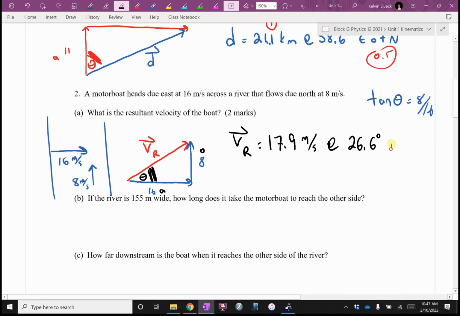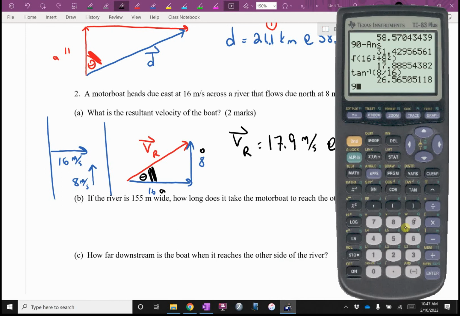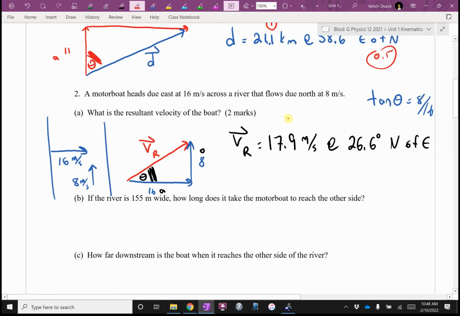This will be north of east. I would also accept 63.4 degrees east of north. That would be if you drew the 8 first and then you drew the 16. Just as before, 1 mark for the magnitude, half mark for the theta, half mark for the what of what.